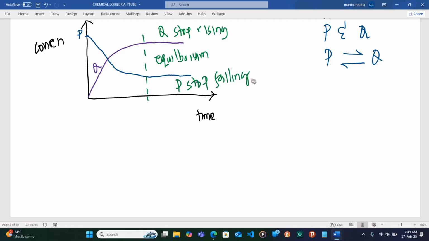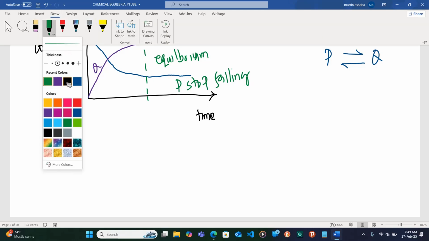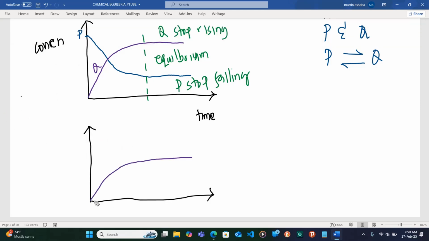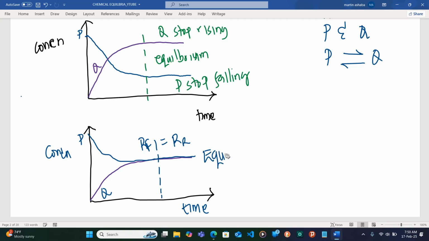Now let's continue and see what happens at equilibrium. Let's draw our graph to represent what exists at equilibrium. So this will go to equilibrium, and this is going to reduce up to equilibrium. This is P again, this is Q, these are concentrations, this is time. At this point, the rate of forward reaction is equal to the rate of reverse reaction, and this is equilibrium.